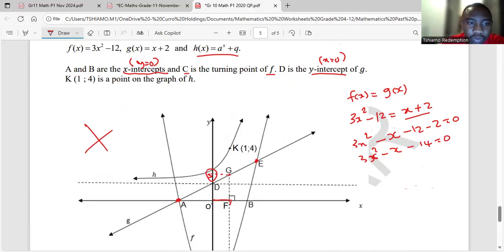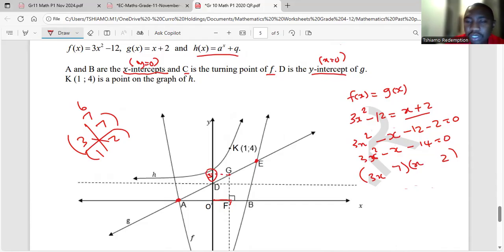Factorize, I'm going to look for 3 and 1, 7 and 2, 6 and 7 is going to subtract. I'm going to look for the factors of these two. So I find them as 3, 7 and 1, 2. So 3x, remember the coefficient of x, and then 7 and 2.